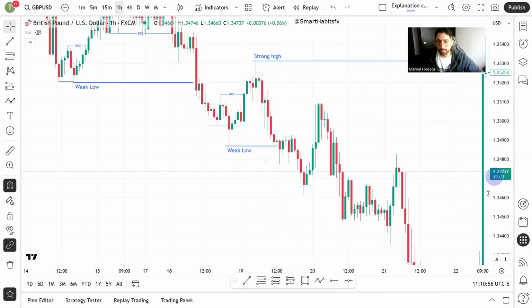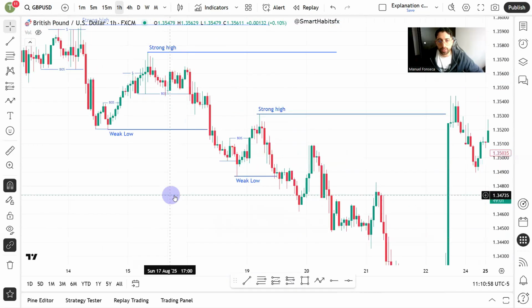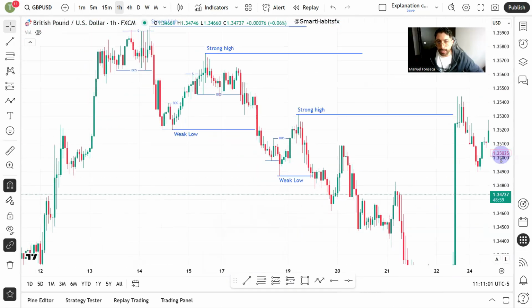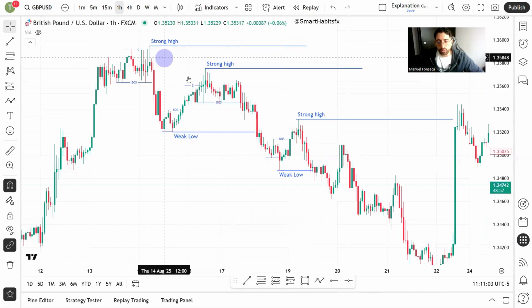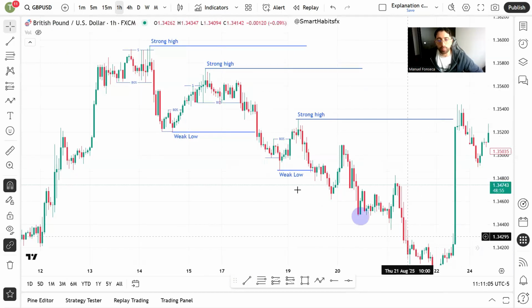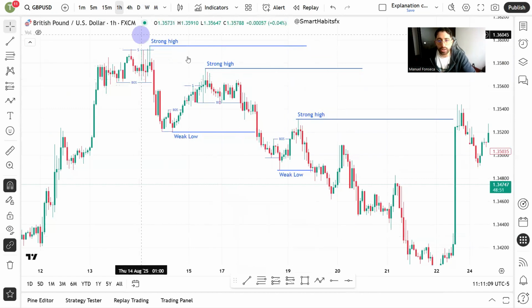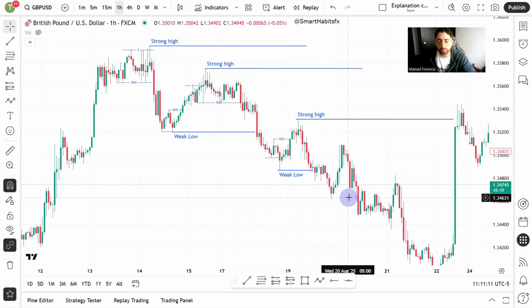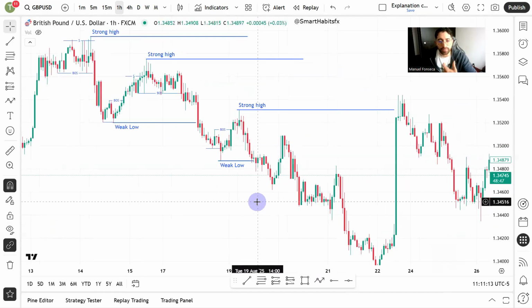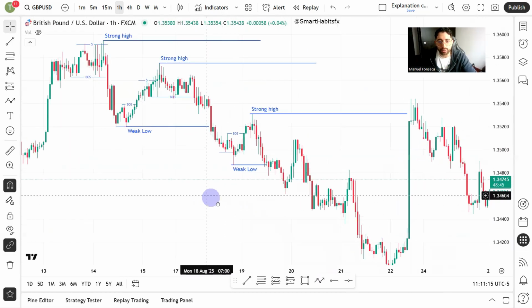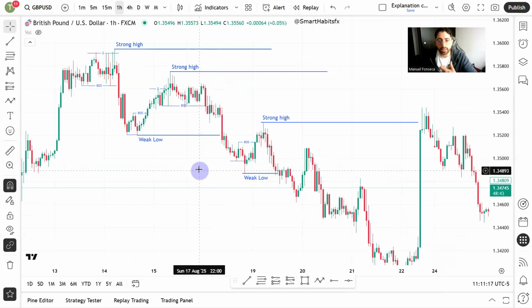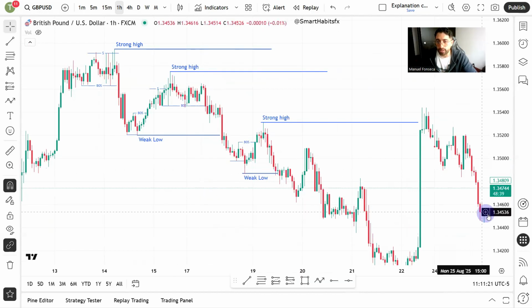So if we zoom out, the same impulse we saw at the beginning, we can now understand that it has multiple strong highs and weak lows. Okay, and this is super important because once we understand this, we really understand the direction of the market.